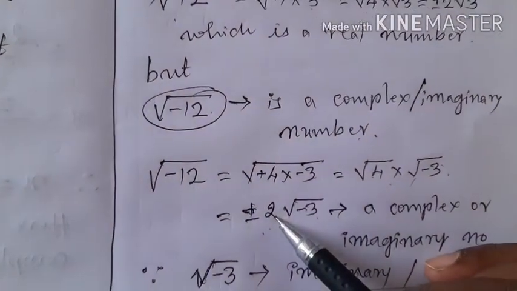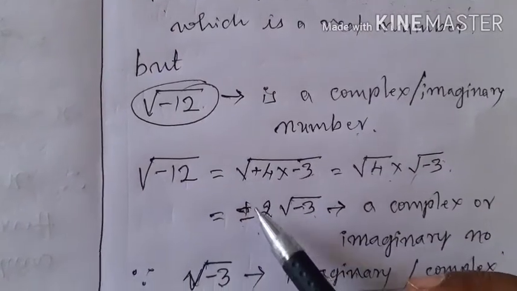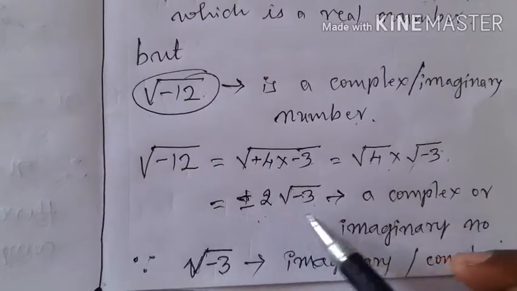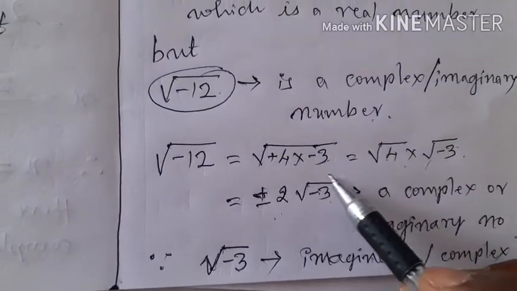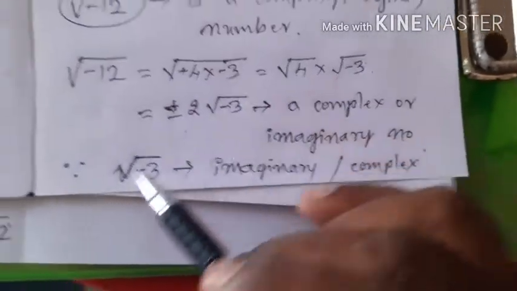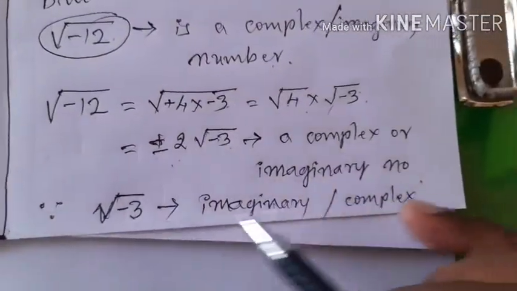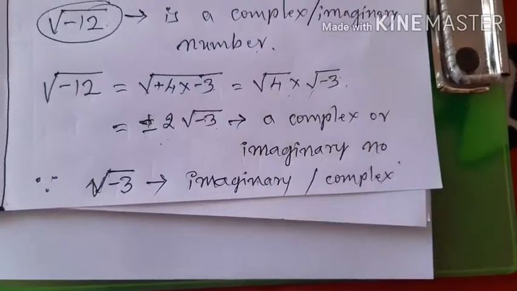That is why ultimately I can say square root of minus 12 is equal to plus or minus 2 square root of minus 3, where this entire number is a complex or imaginary number, because square root of minus 3 is an imaginary or complex number.